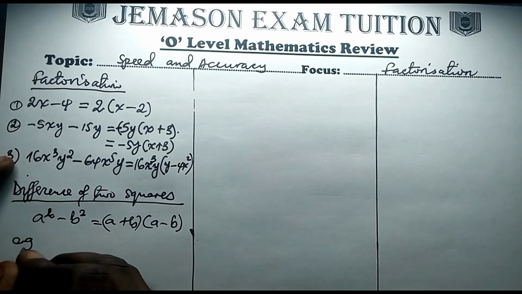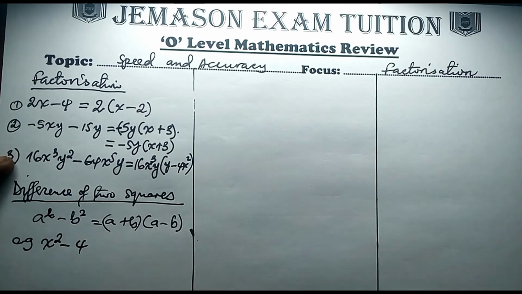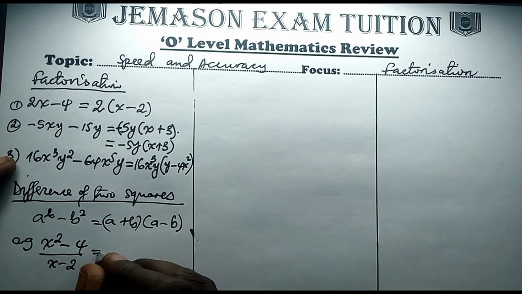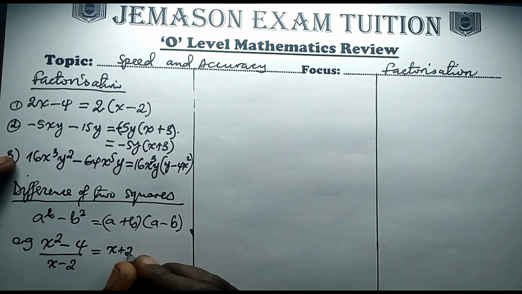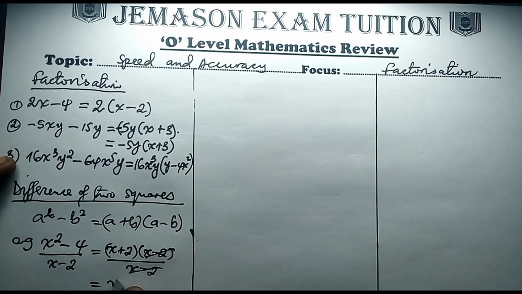And you could have x squared minus 4 all over x minus 2 to simplify at some point. This gives x plus 2 into x minus 2 all over x minus 2, which cancels, and you are left with x plus 2.